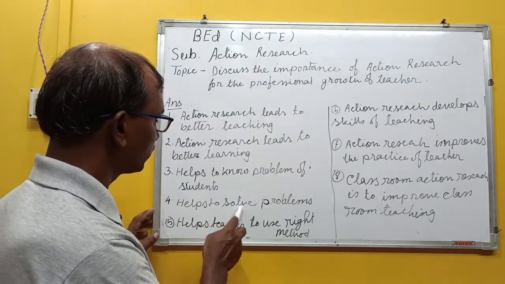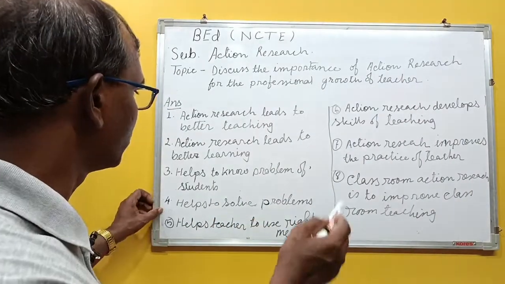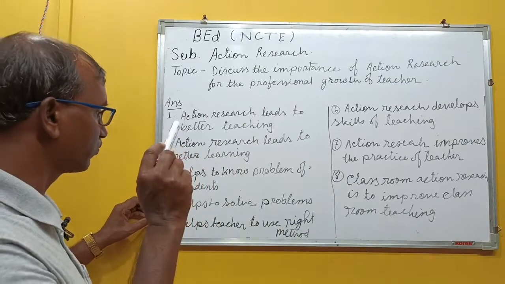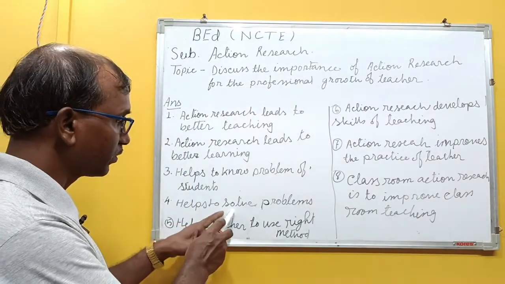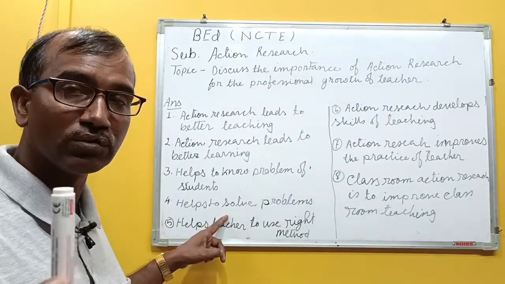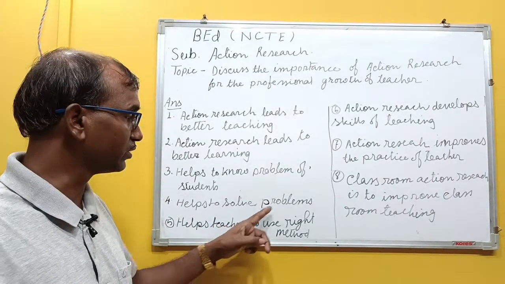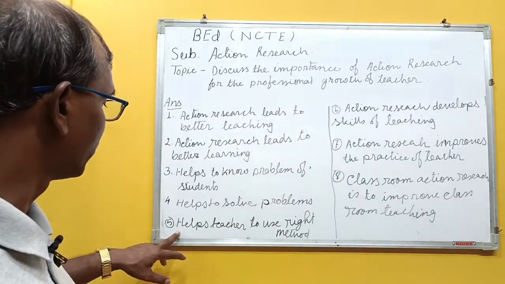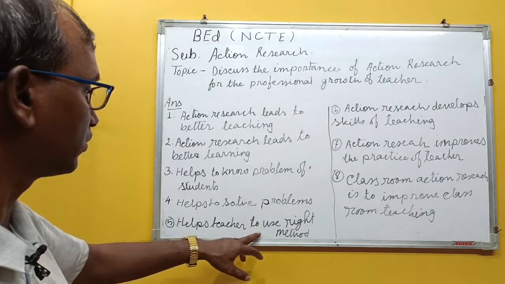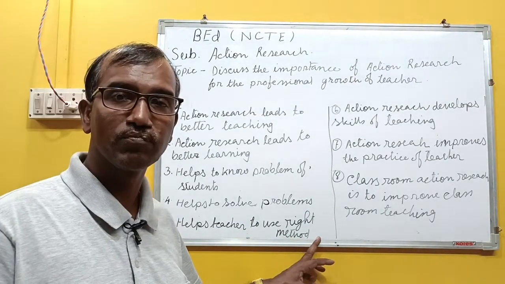Number 4, action research helps to solve problems. When the teacher knows the problems of the student through action research, the teacher will find out the causes behind it, thus he can solve the problem. Number 5, helps teacher to use the right method.